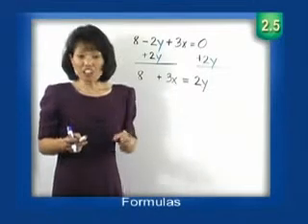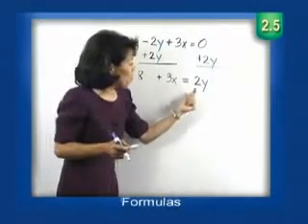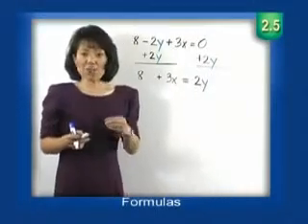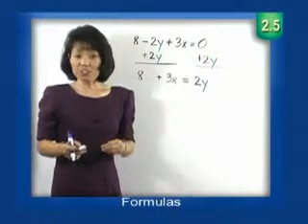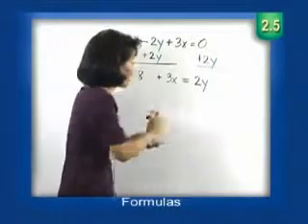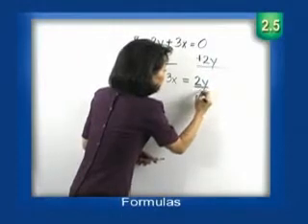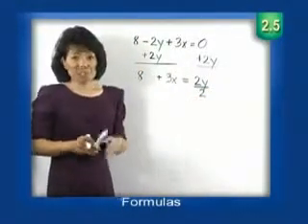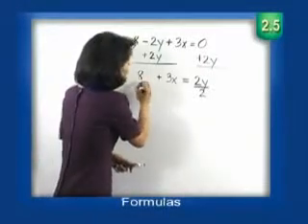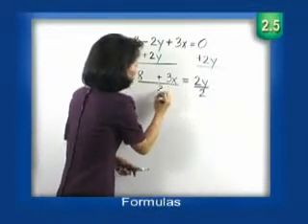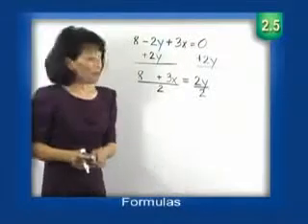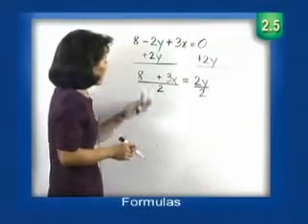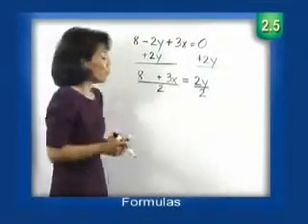What operation do we do at this time? We have 2 times y. To undo multiplication, we're going to do division. So I'm going to divide the right-hand side by 2, but whatever I do to one side of the equation, I do to the other. So I'm going to divide the left-hand side by 2 as well. Now, on the left-hand side, we have 8 plus 3x over 2.